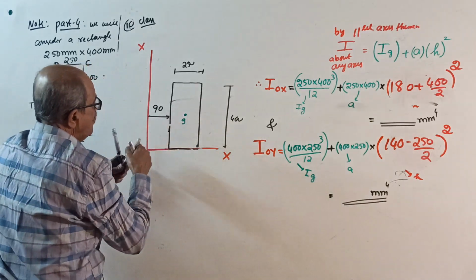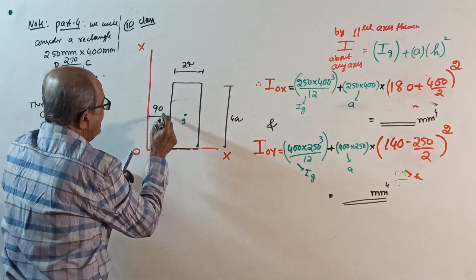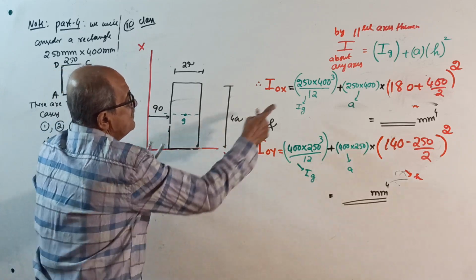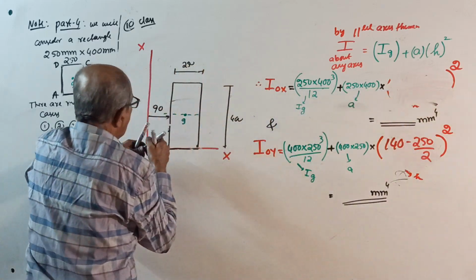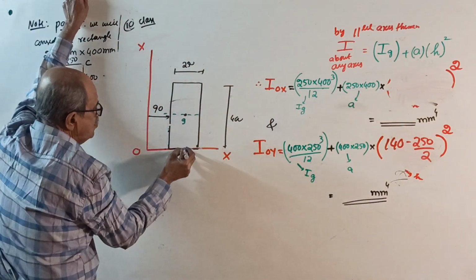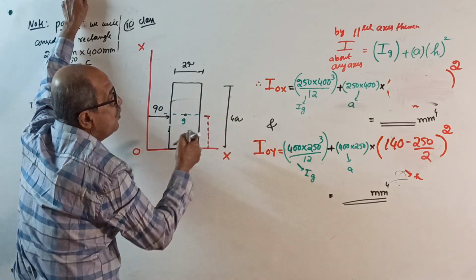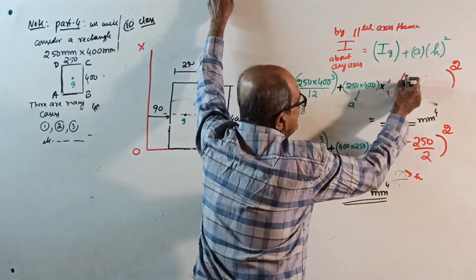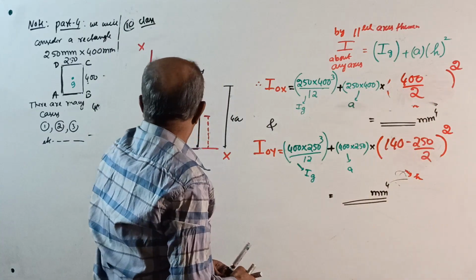I about OX axis. First about its own axis. Same answer. Distance square from centroid to OX, this distance square is 400 by 2 whole square.